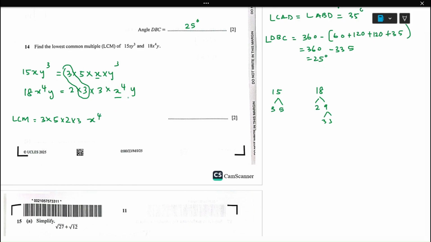And y cubed and y, the highest order is y cubed. So the answer is 3 times 5, 15, 15 times 2, 30, 30 times 3 is 90. So the answer is 90 x to the power 4 y cubed.